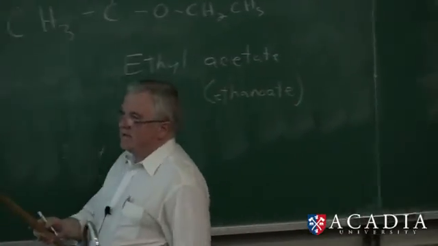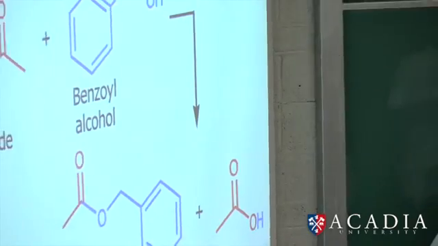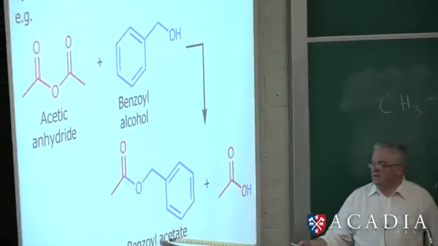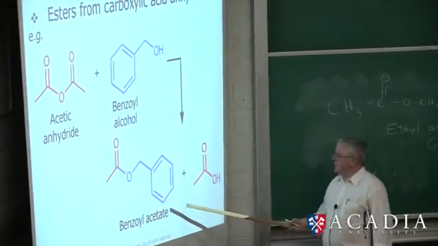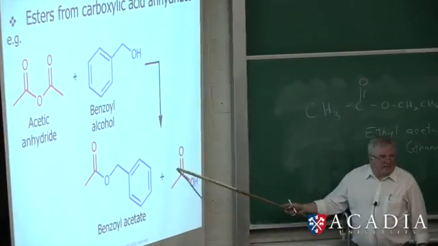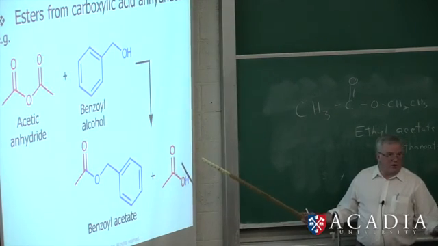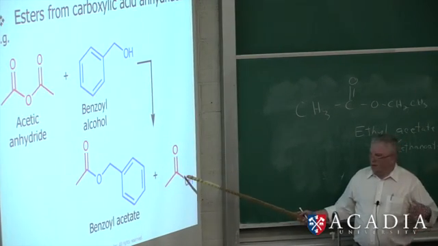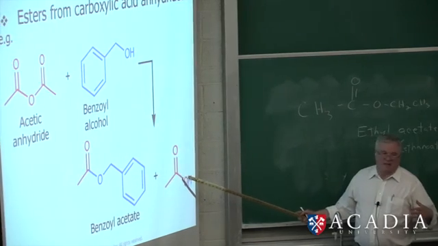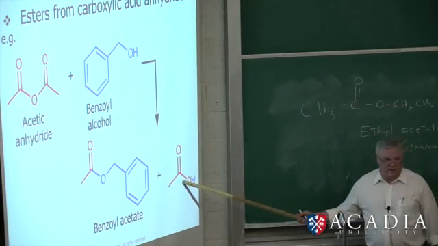So we can take acetic anhydride, react it with benzyl alcohol, and we'll get benzyl acetate. And we still get an acid product. In this case, it's a weak acid, so it's not as bad as making it from the acid chloride, because this is a weak acid. It's less able to catalyze the hydrolysis, although we still have to be careful.